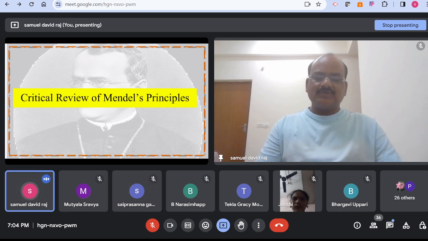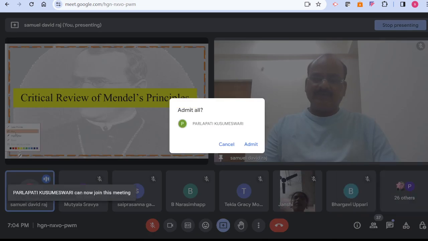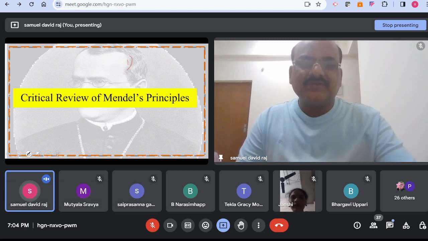We are discussing Mendel's laws. Yesterday we discussed the principles of inheritance put forward by Mendel. According to Mendel, there are four principles.